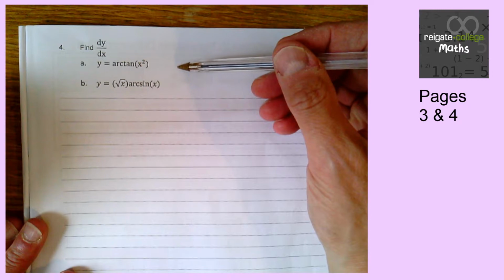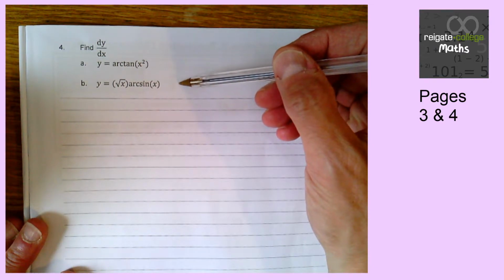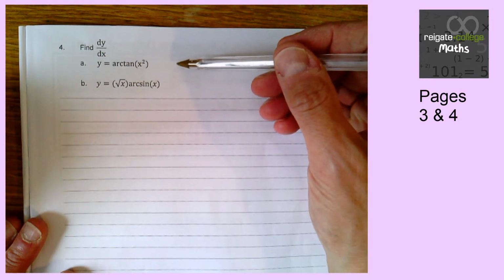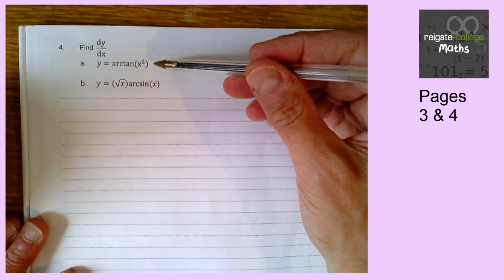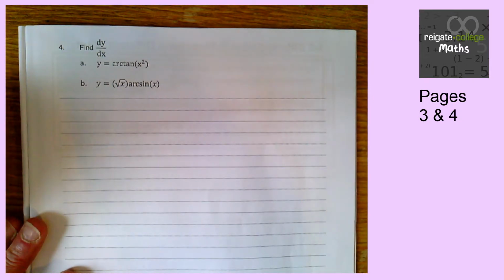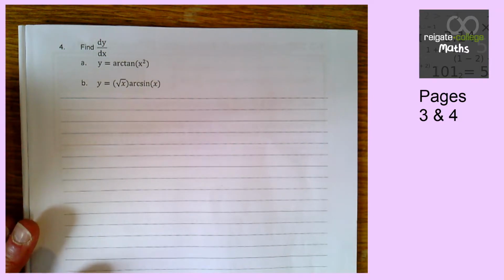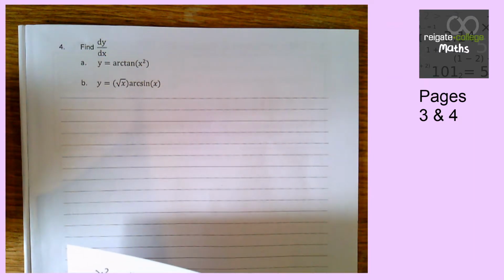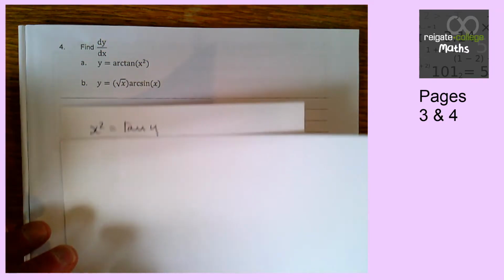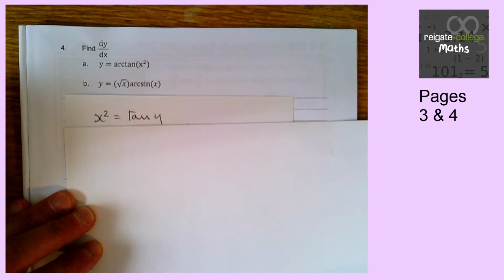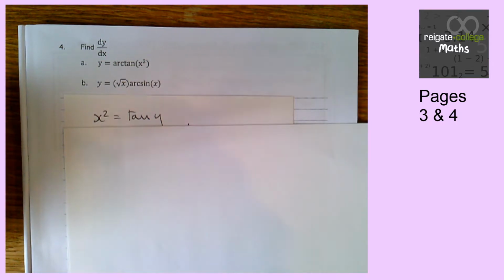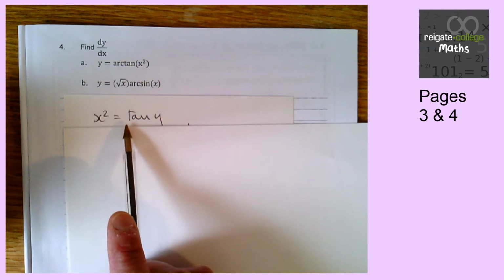Really, these are much more for the further mathematicians where we use these formulas. I just want to look at question A first of all, because for single maths students there is a way to do it. In fact, there are 2 ways to do it. One of them we'll come back to when we've covered implicit differentiation, so I'll come back to that in a further video.